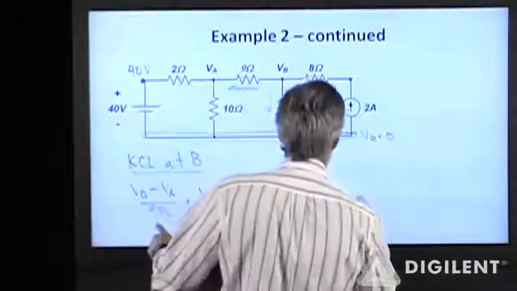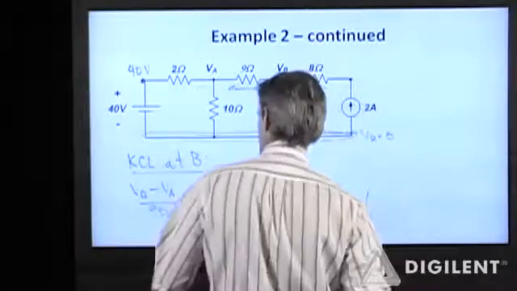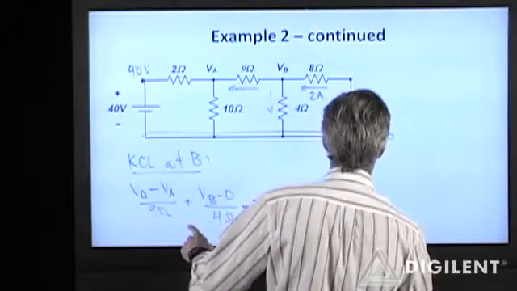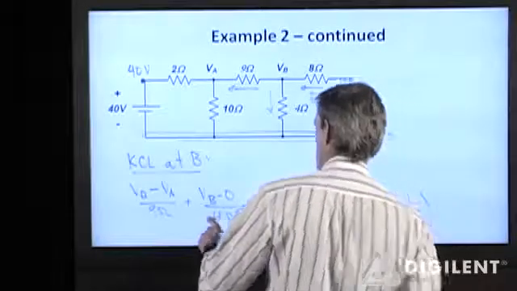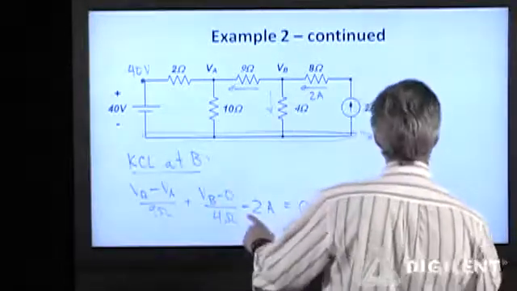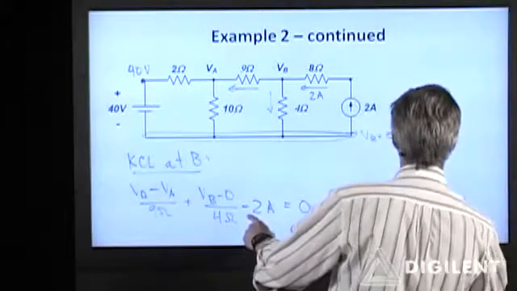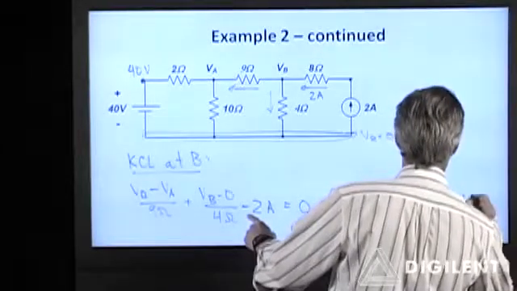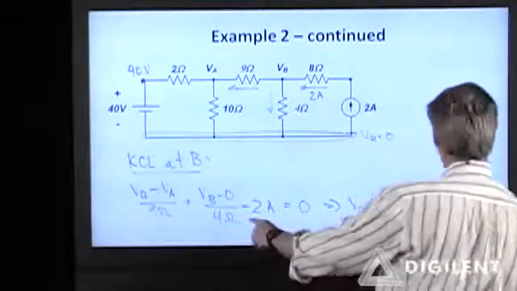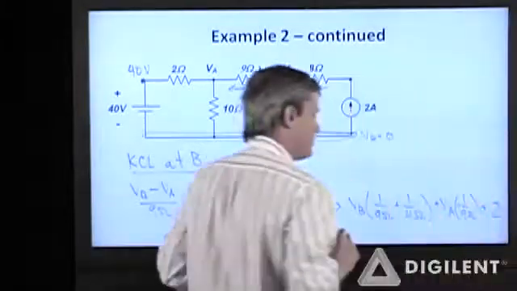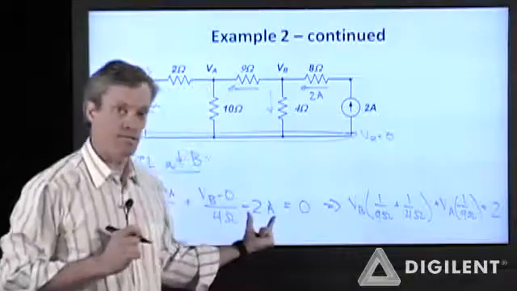Therefore, multiplying V sub B, I have a 1 over 9 ohm resistance plus a 1 over 4 ohm resistance. Multiplying V sub A, I have a negative 1 over 9 ohm resistance, and I move this 2 amp current to the right-hand side to make it positive.